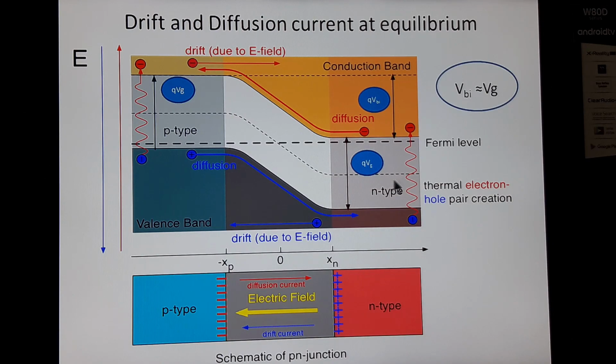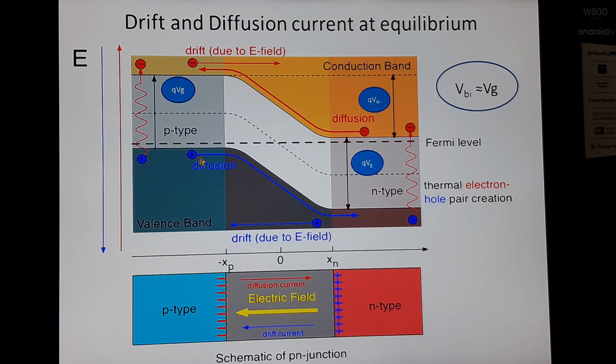In the n side we get an excess free electron in the conduction band with an excess hole in the valence band that behaves like a minority carrier. And in the p side, similarly, we get an extra electron in the conduction band that behaves like a minority carrier, and the holes created in the valence band of the p region behave as majority carriers.